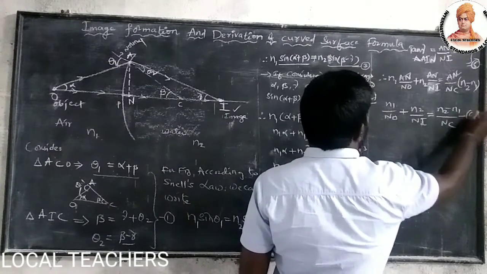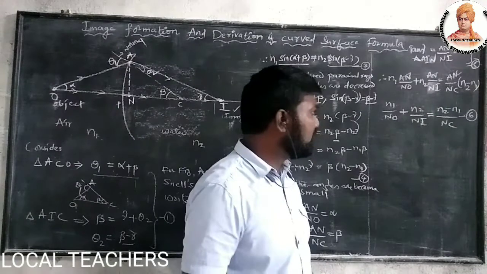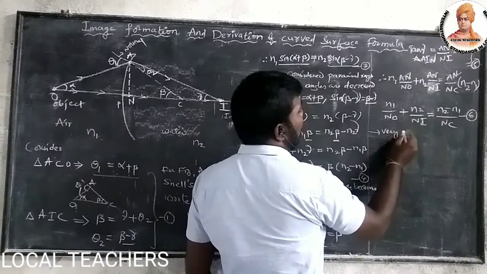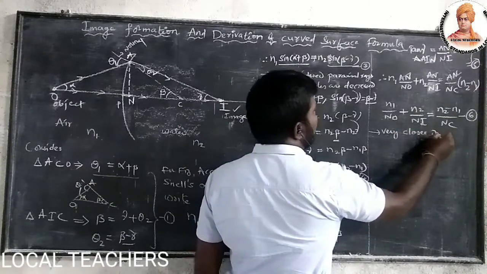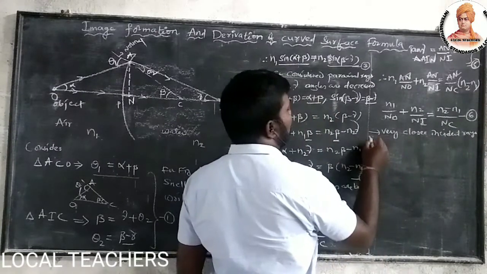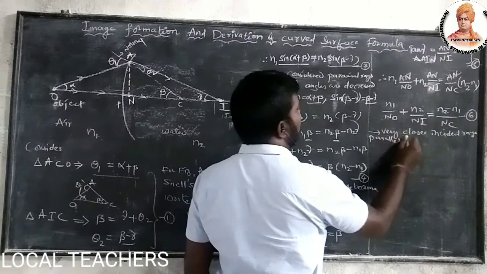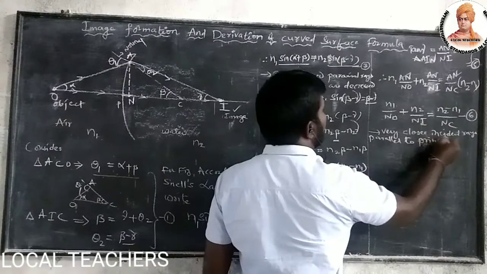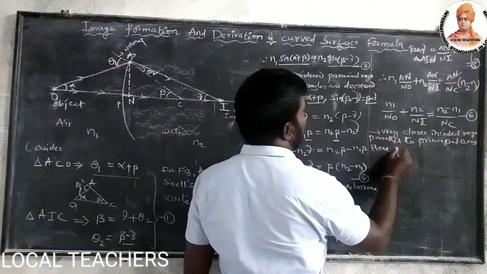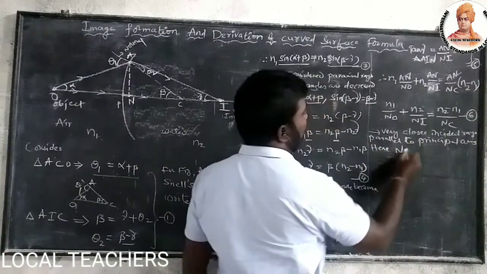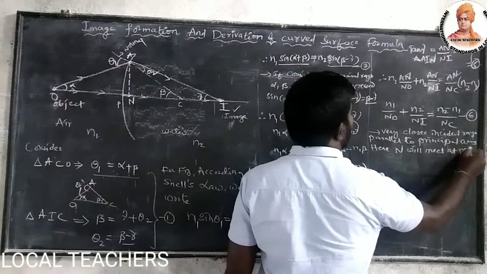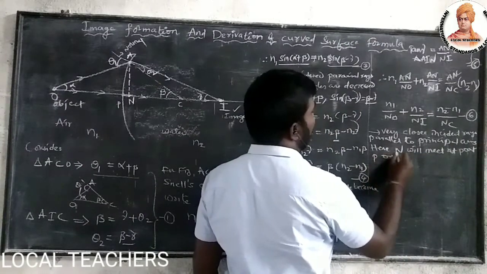So consider that is equation 6. At this instant, if I consider very close incident rays parallel to the principal axis, N will meet at point P only.